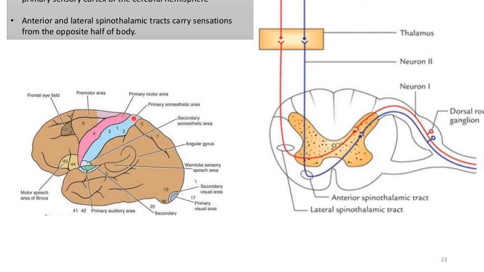In this picture, you will find primary somesthetic area 3, 1, 2. This is association area. Secondary somesthetic area is here, and this is association area.